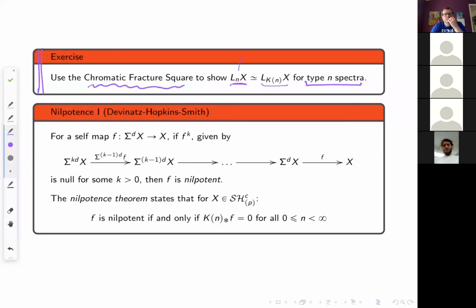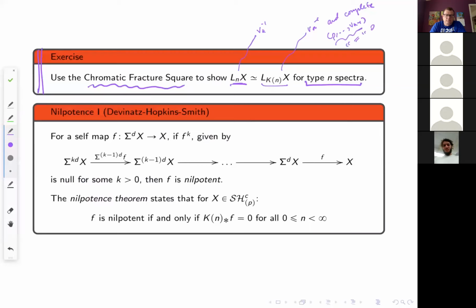Ln localization was supposed to invert Vn, and this was supposed to invert Vn and complete at p up to Vn minus 1. Well, these are all, in quotes, like 0 on type n spectra, so completing at the 0 ideals does nothing. So for type n spectra, these things are the same.